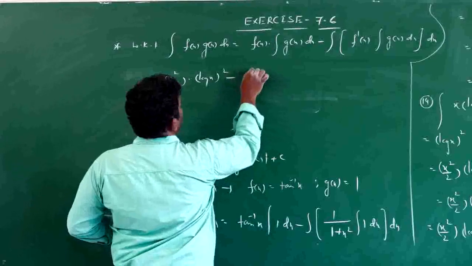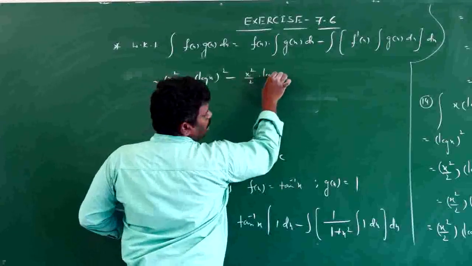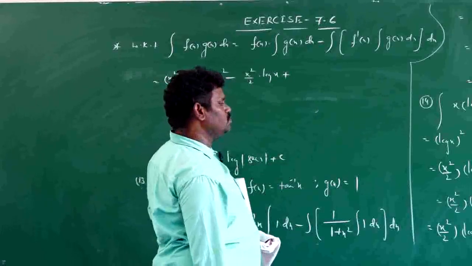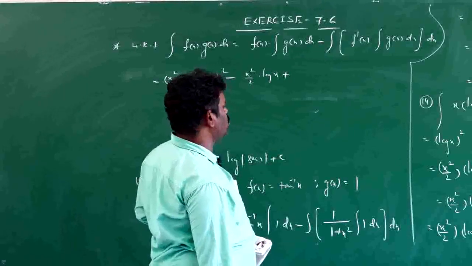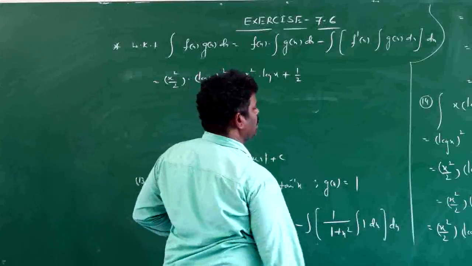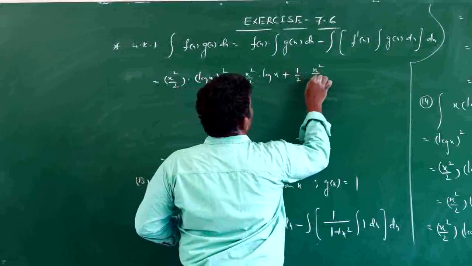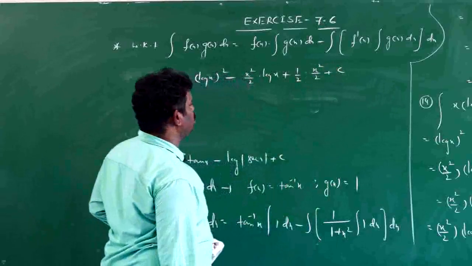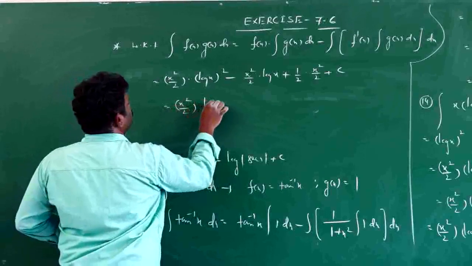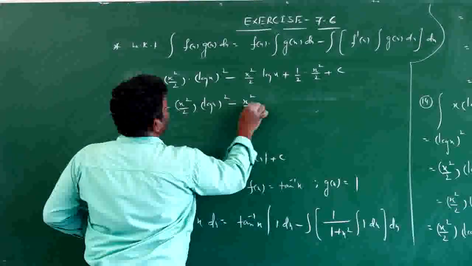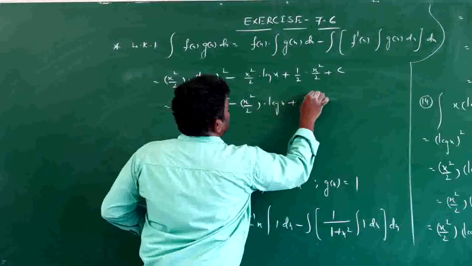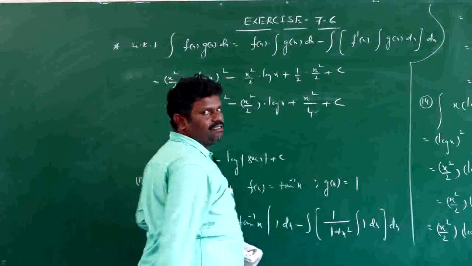Here x square by 2, 1 by 2 is common, x square cancels, again x square by 2 plus c. Finally, the value is x square by 2 into (log x) whole square minus x square by 2 into log x plus x square by 4 plus c.